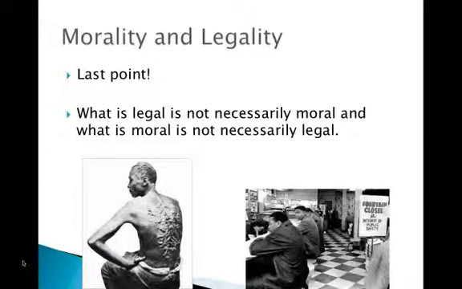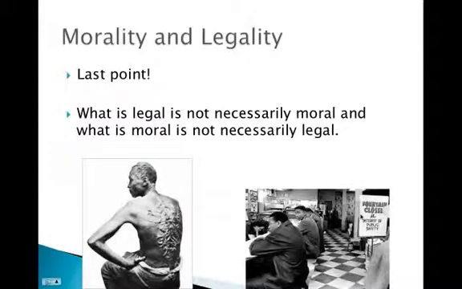Here's a vivid example. In the 1800s, in the United States, in the South, it was legal to own slaves, and slave owners could whip slaves, like the picture on the left. Now, we would say that was immoral, grossly immoral. It was wrong for them to do that, even if it was legal.